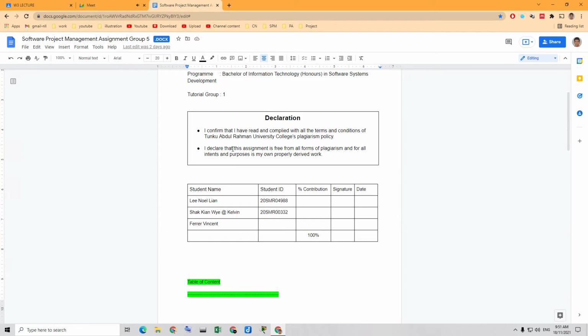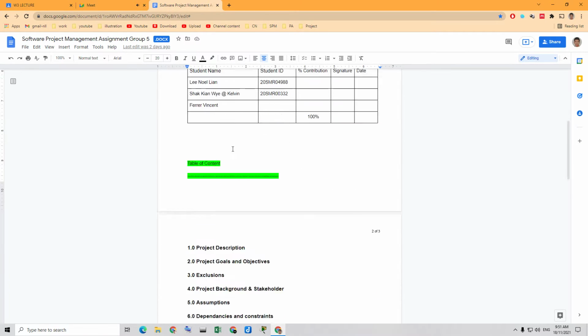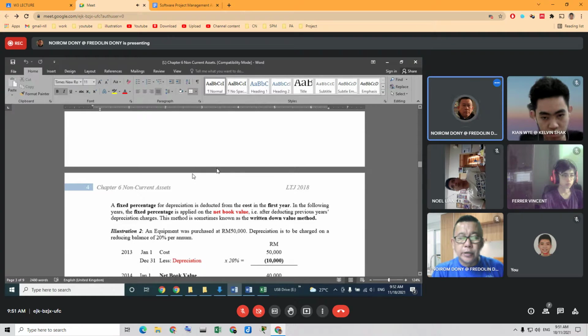Okay. Where was I? This one. Reducing balance method. You will be given a fixed percentage for depreciation, and this will be deducted from the cost in the first year. And in the following year, the fixed percentage is applied on the net book value. So from this sentence, it tells you during the first year you have to times the percentage with the cost.